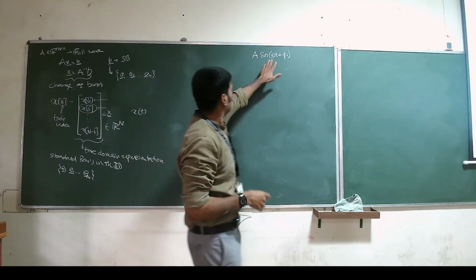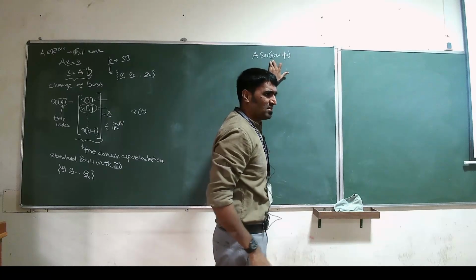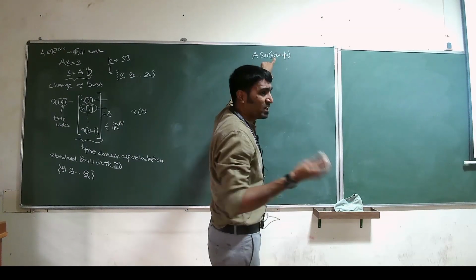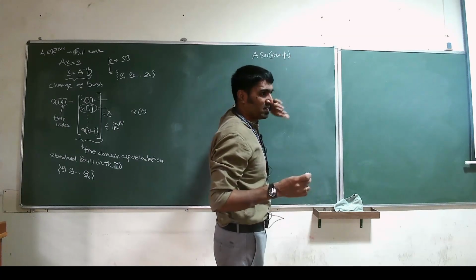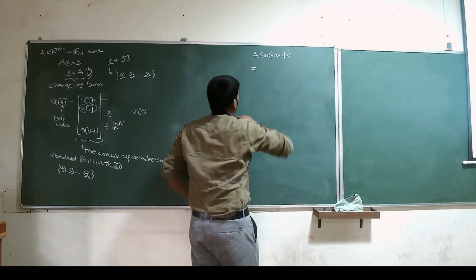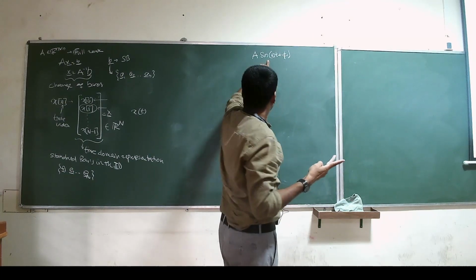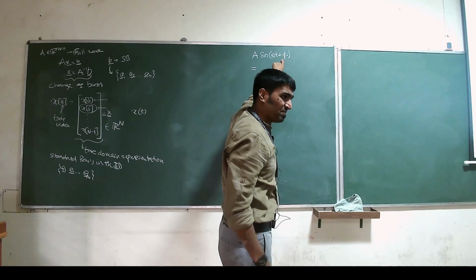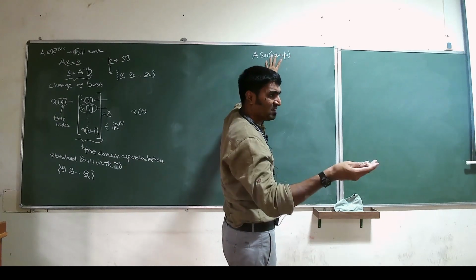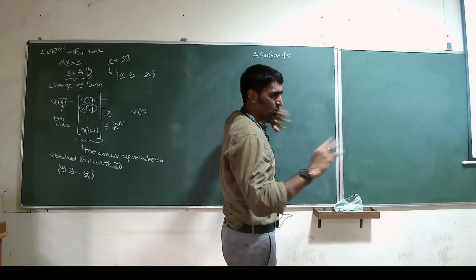Let's say we fix the frequency, but the amplitude and phase are free to change. Omega is fixed. We agree on omega, but A and phi can be arbitrary for the signal. To specify this signal completely, I need to give you two pieces of information: A and phi. We've agreed on omega, and I tell you A is 1 and phi is 0.5 pi. Then you know what the signal looks like.